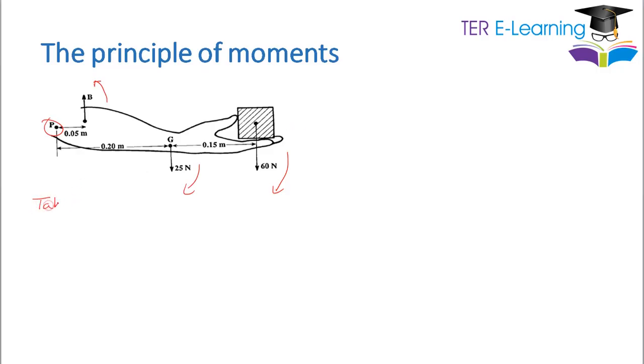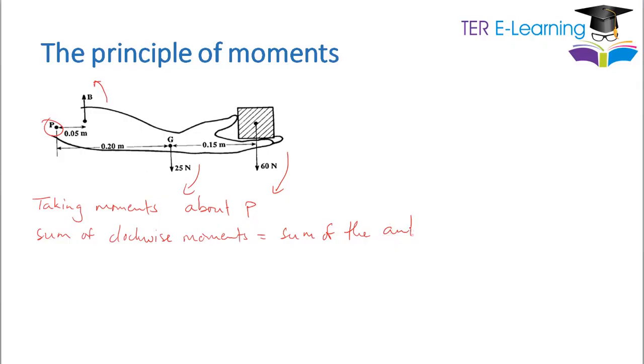So taking moments about P, right? We need to write this: the sum of clockwise moments equals the sum of the anti-clockwise moments.